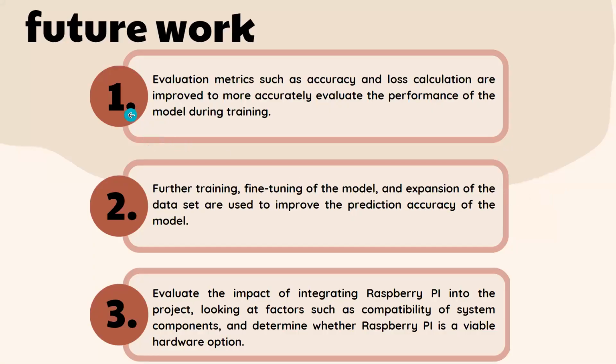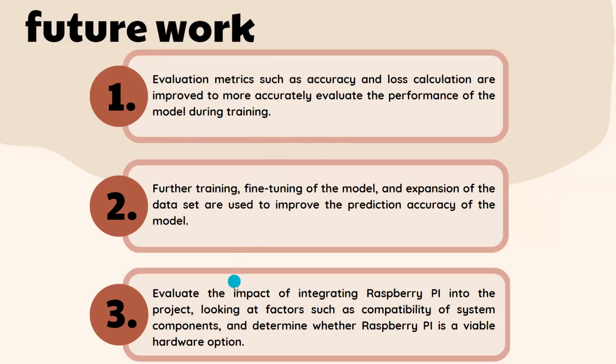So for the future work, firstly, the evaluation metrics such as accuracy and loss calculation should be improved to more accurately evaluate the performance of the model during training. So this is one of the things that we have to improve in the future work. Secondly, further training, fine-tuning of the model, and expansion of the data set can be used to improve the prediction accuracy of the model.